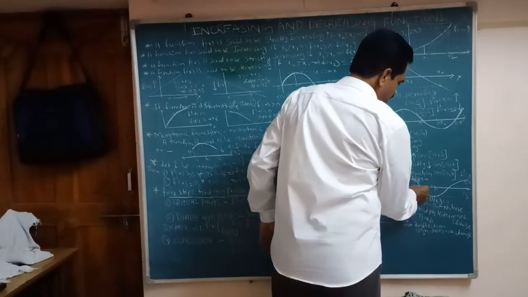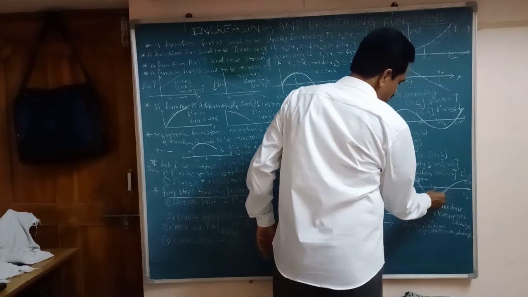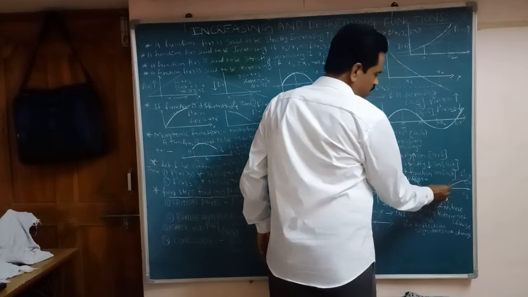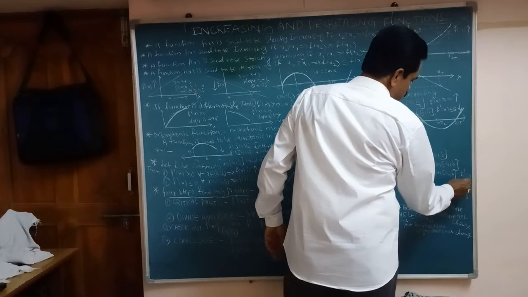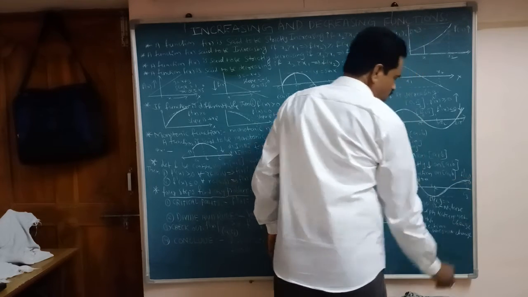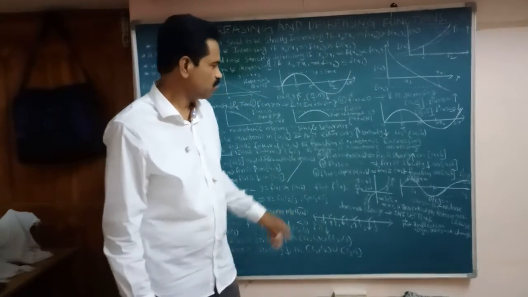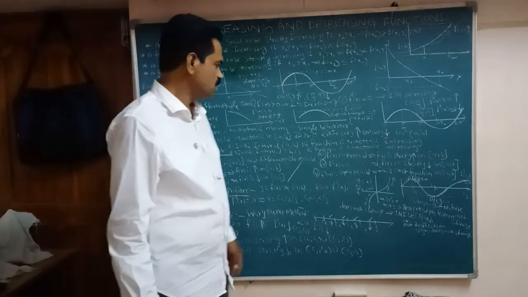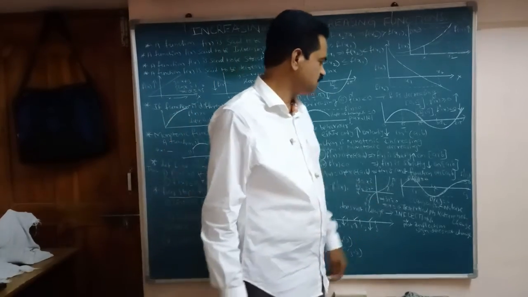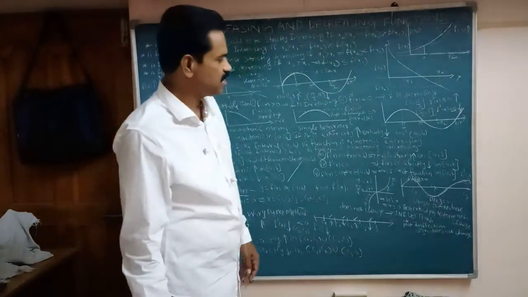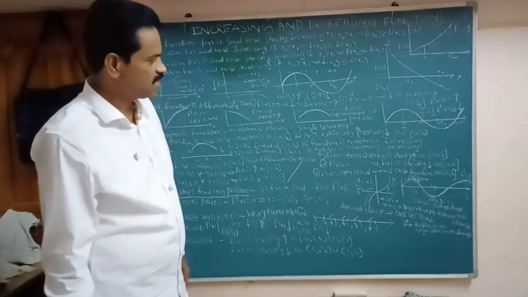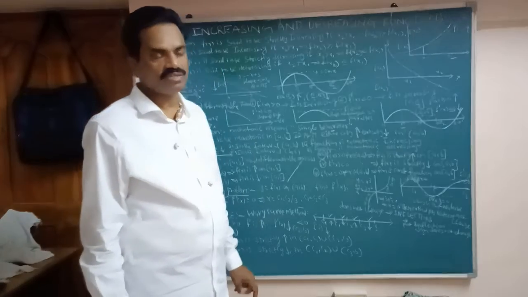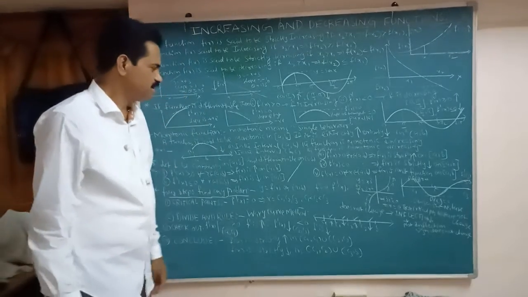Suppose this is C1, and it also changes its nature at C2, from down to up. Here also at C3, it is up and again changes to down. So f dash x equals 0 at the critical points where the function changes its nature. At some critical points the nature does not change.